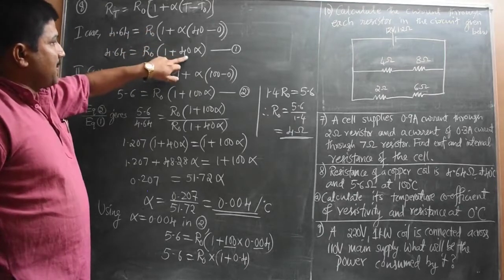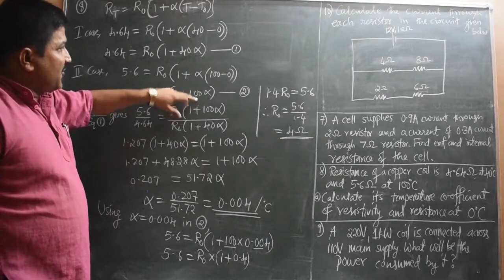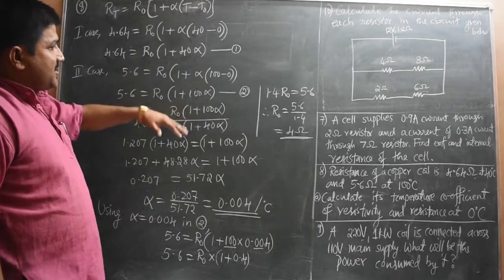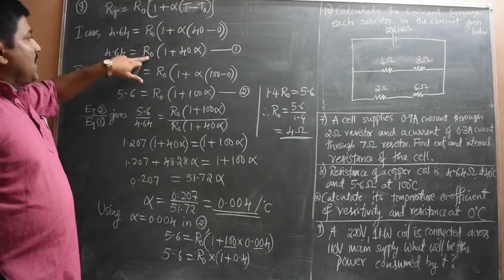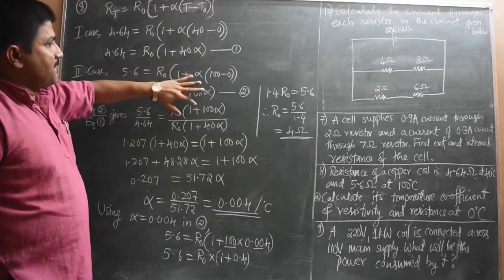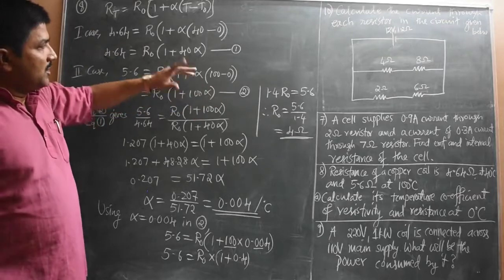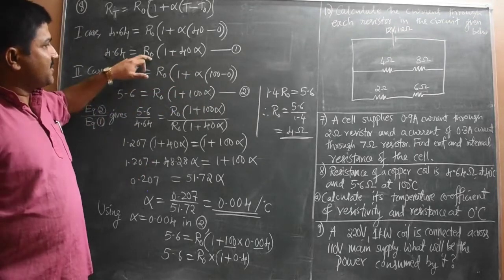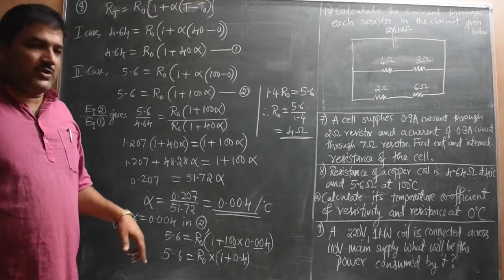Actually, equation 1 multiplied by 2.5, so then it becomes 100 alpha. Then subtract equation 3: we take 4.64 into 2.5 R0 and 2.5, and this is 100 alpha. Subtracting equation 3 and 2, we get the difference in terms of R0, so we get the first value of R0, then we have to find the alpha value.